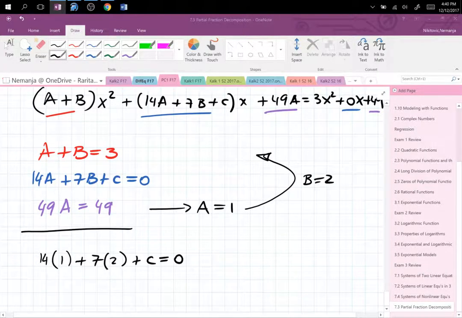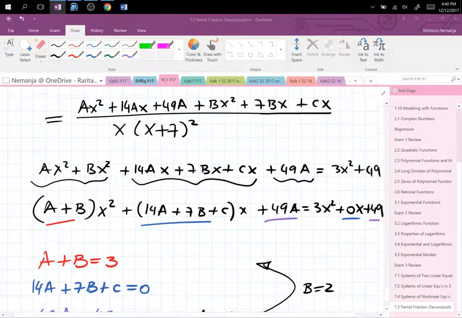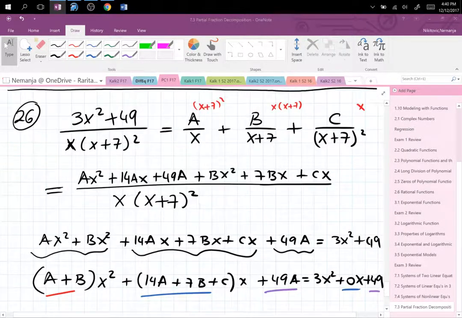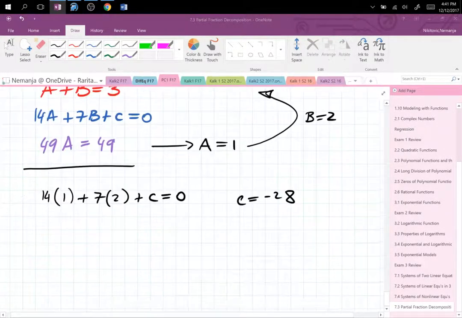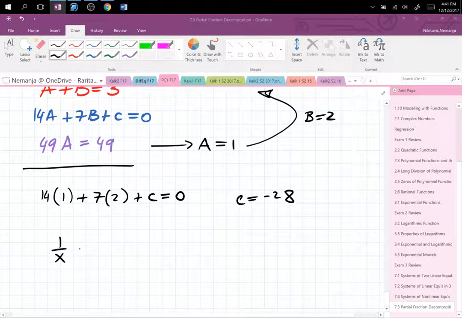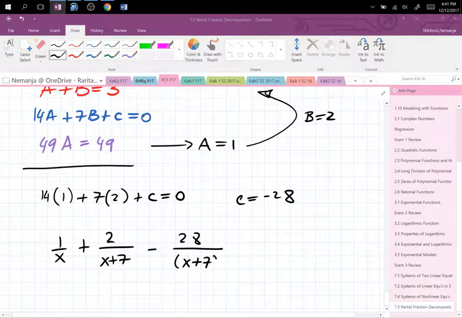So that's 14 plus 14 is 28. c is negative 28. And a over x, so 1 over x, plus b, which is 2 over x plus 7, and then minus 28 over x plus 7 squared.